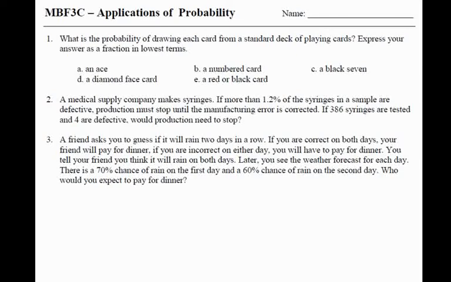So it's all about looking at the theoretical probability and trying to figure out if your decision is likely to happen or not. So of course, do that work, take a picture of it, and then submit it online or email it to me, and that's what you will be doing for this lesson.